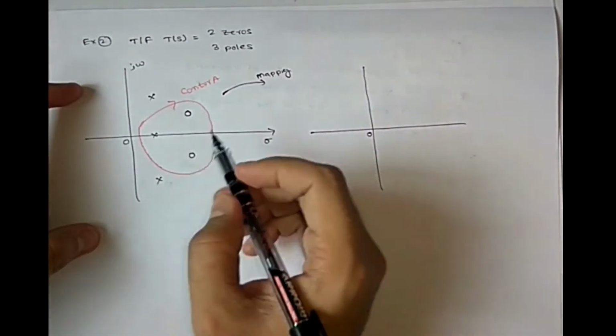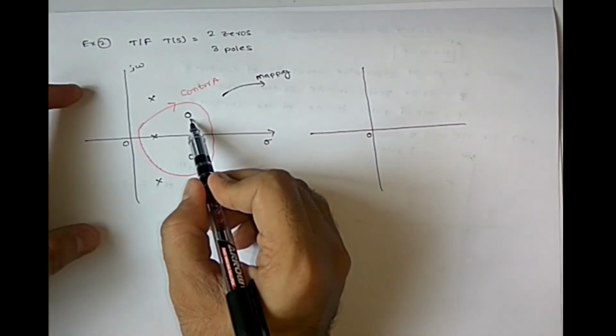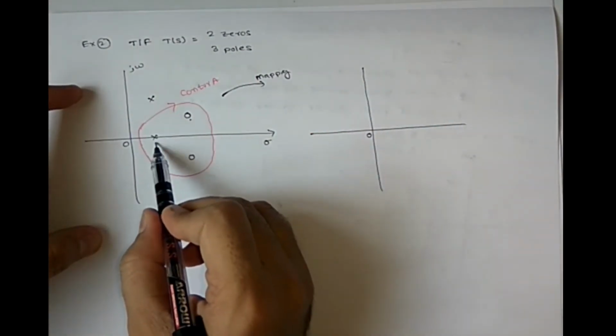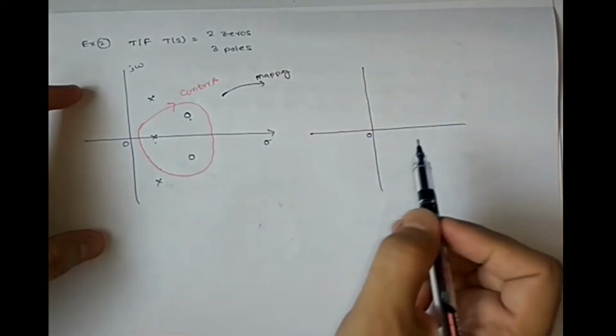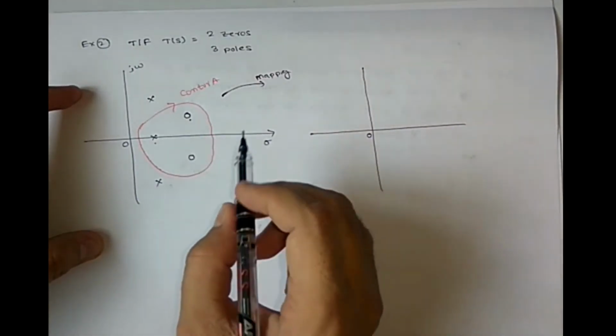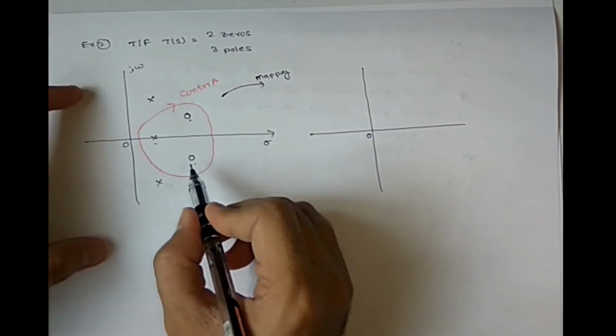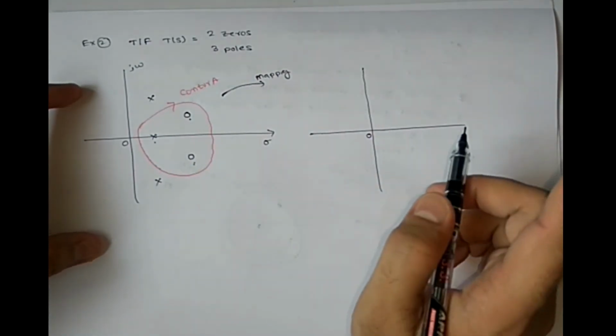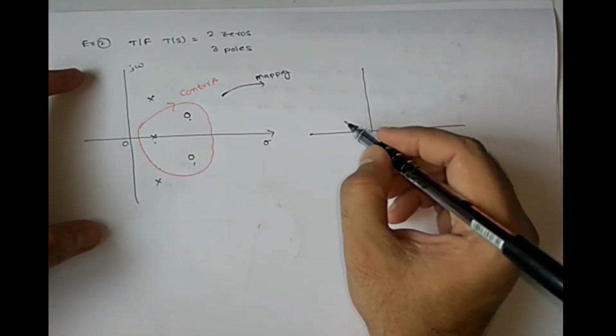So here one zero will make a clockwise contour B and one pole will make an anti-clockwise contour B. So these two will get cancelled out and one more is left, right? This will give a clockwise contour B, right? So you will have one clockwise contour B.